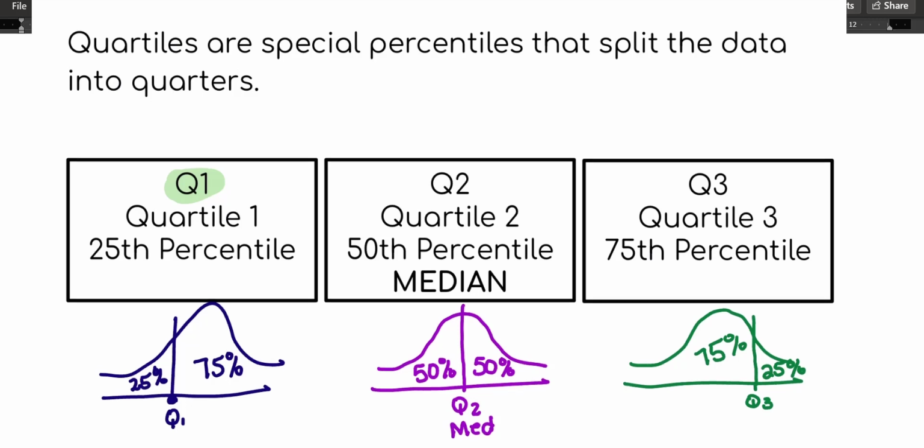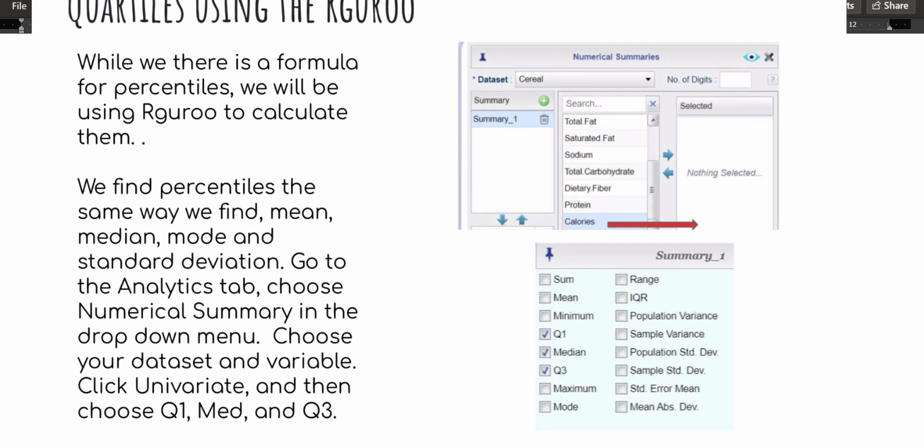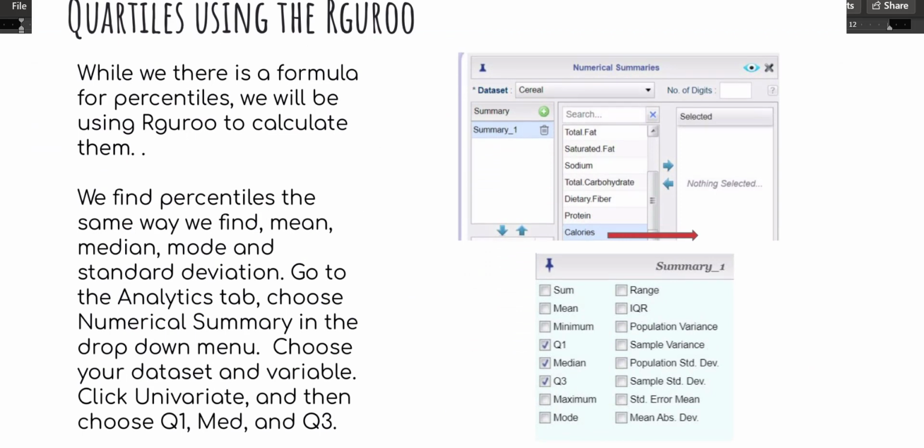And while there are formulas that can be used to find these, we are going to use technology, specifically Rguroo, to find these quartiles. All right, so here are the steps in Rguroo for finding the quartiles. So first you need to upload a data set. I have shown you how to do that in previous videos.